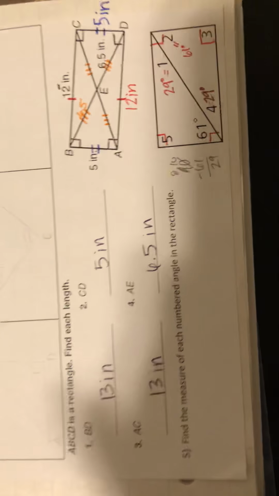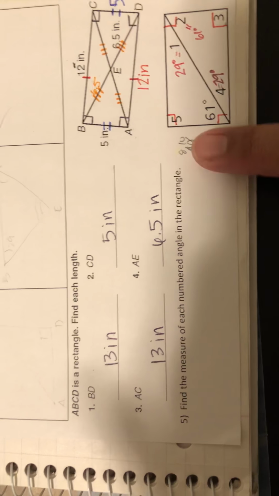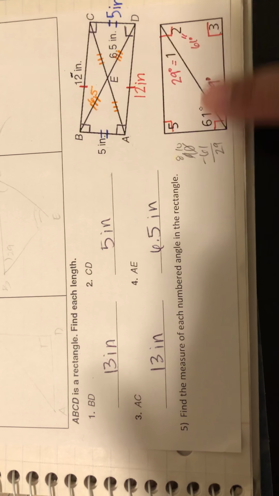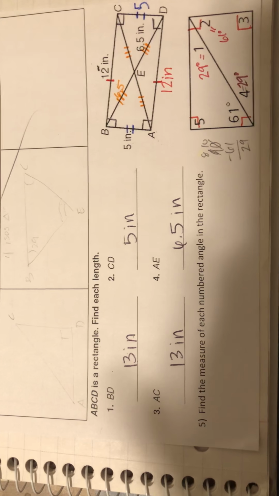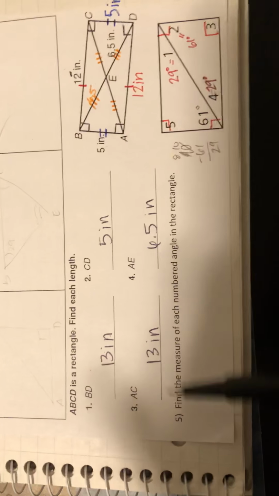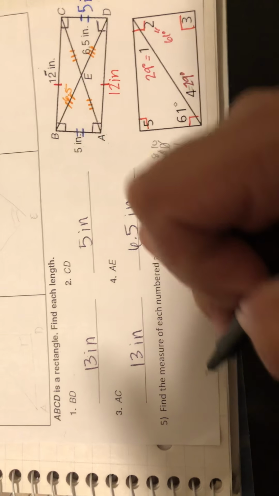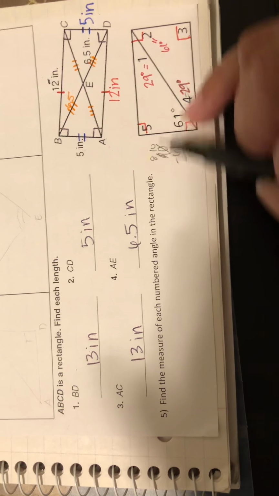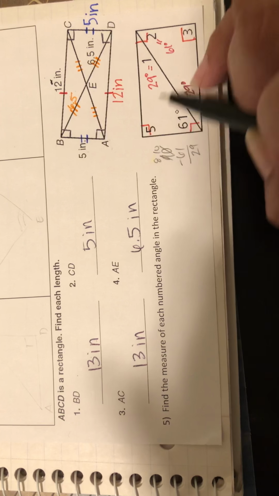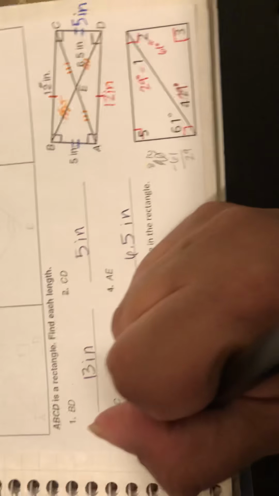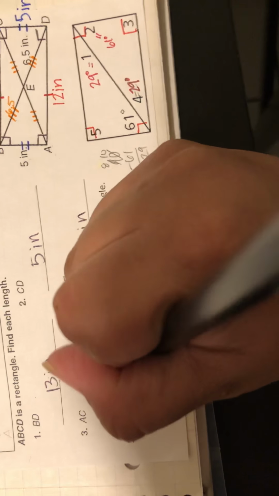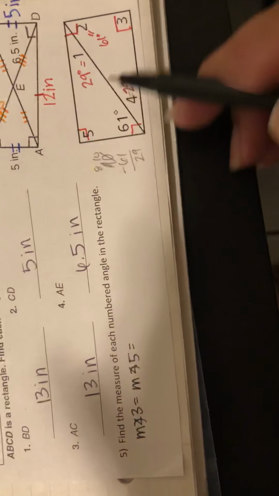Pretty easy, right? Okay, so now we have this down here. It's just asking us for all the angle measures that we have. So we can write them all down. Measure of angle 1, measure of angle 2, measure of angle 3, measure of angle 4. But you know what? Let's be a little lazy like Miss Corrales and Miss Ramos, and we're just going to say that the measure of angle 3 is congruent to the measure of angle 5. And they are both what?